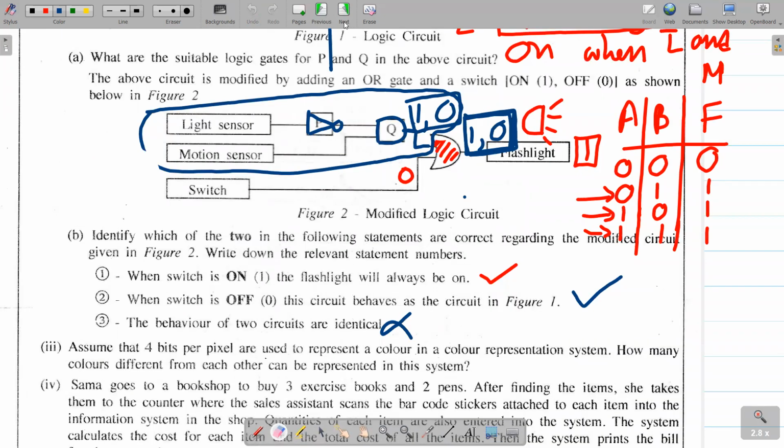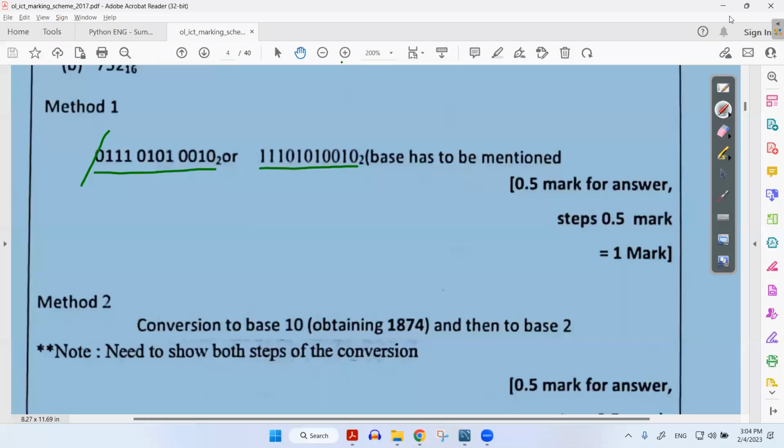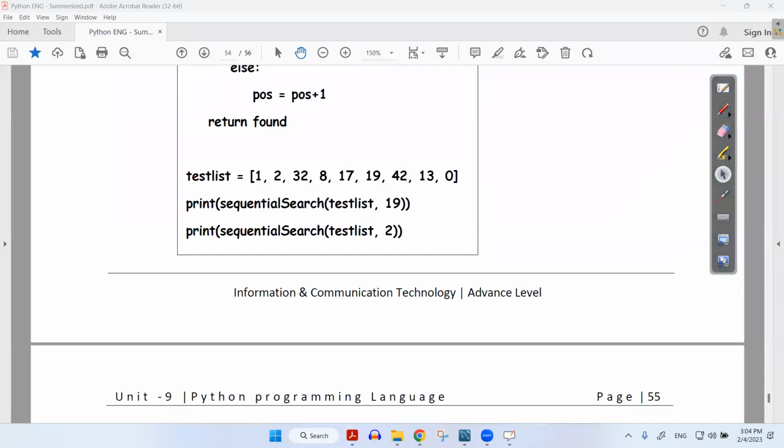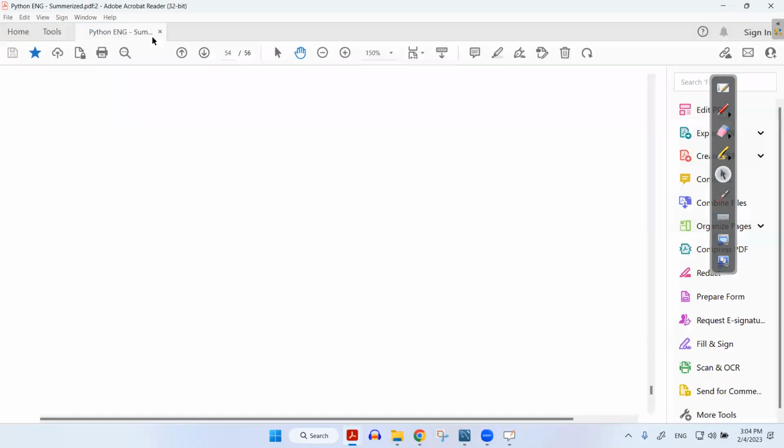Okay. So if you got both the things correct, then you are going to have 2 marks for that part as well. So this is how the marking scheme stays.